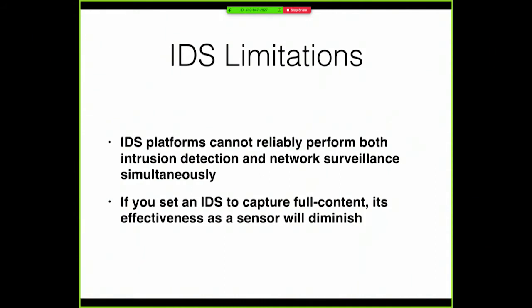You don't really have much time to process it. So the IDS cannot be running complicated analysis. So you can't be doing intrusion detection and recording the data at the same time on the same device, not at line speed. So you have to choose one or the other. If you're capturing full content, then you don't have much CPU left to monitor it. So typically you'd have two separate devices doing that.